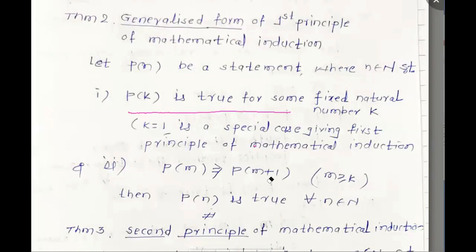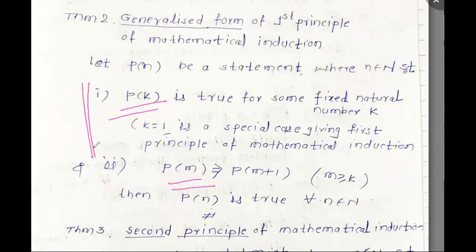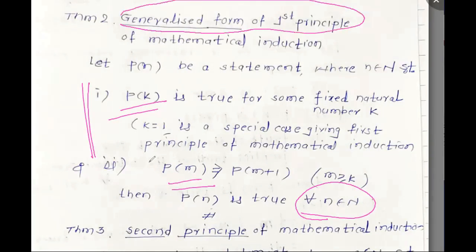So the first condition is that Pn is true for some fixed integer k, and the second condition is, if it is true for m, then it is also true for the next integer m plus 1. If these two conditions are satisfied, then Pn is true for all natural numbers. This is called the generalized form of the first principle of mathematical induction.